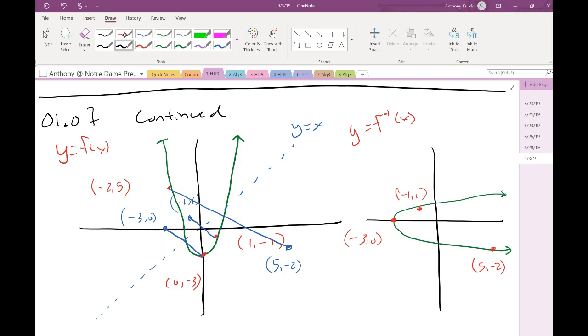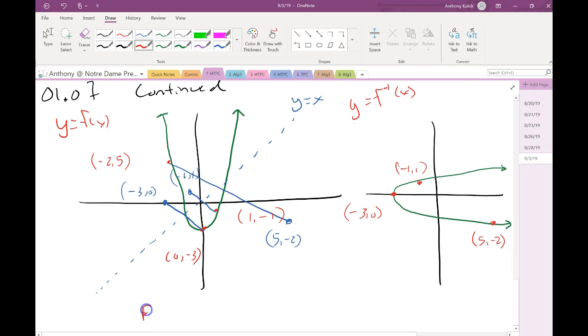Do you notice anything else about f inverse here? Yes, it's not a function. Thank you, Sophie. So we start off with a function. We end up with not a function.